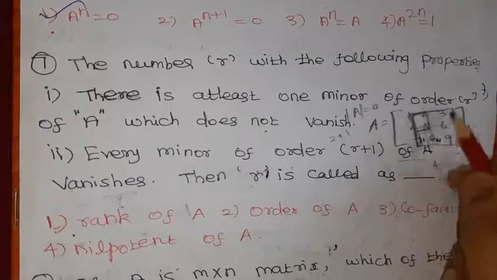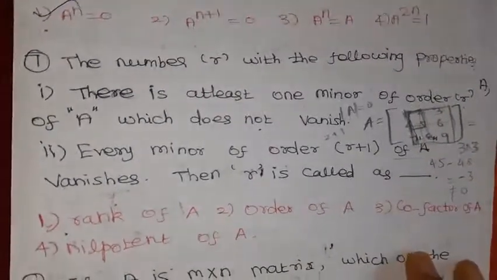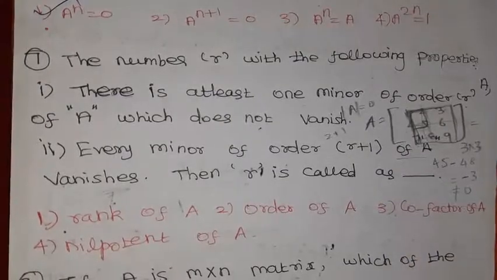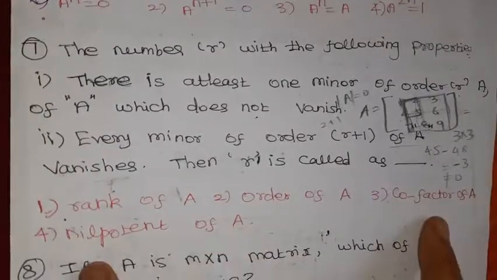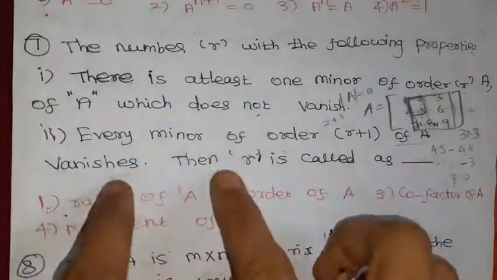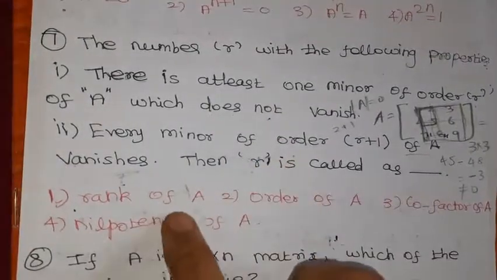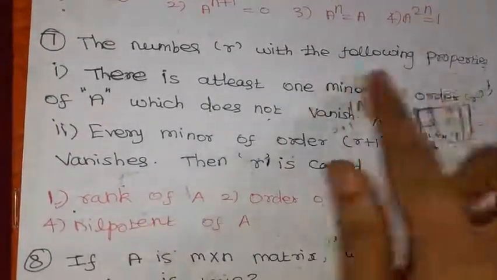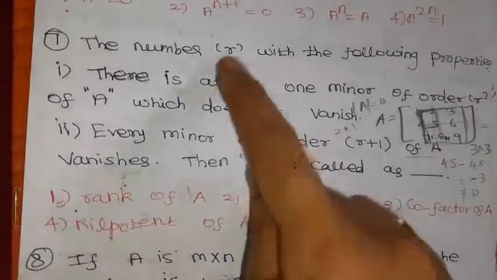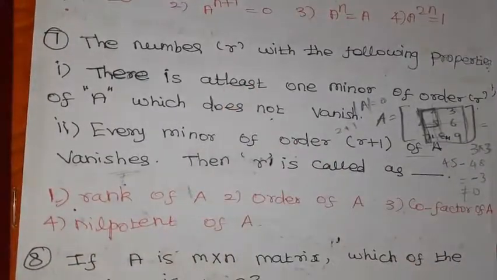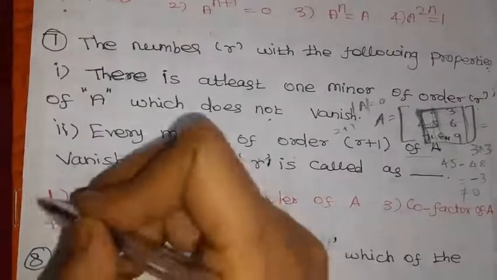So every minor of order r plus 1 should vanish. Then what is r called? It could be the rank of A, order of A, cofactor of A, or nilpotent of A. This property relates to the rank of A, so r represents the rank of A. This is nothing but the rank property of the matrix, and it is very important.